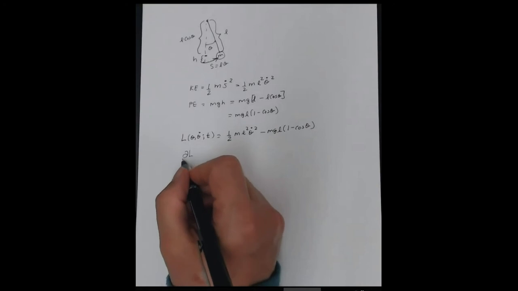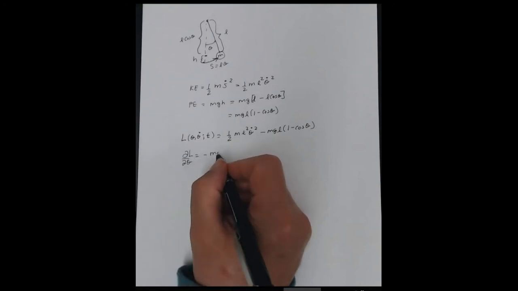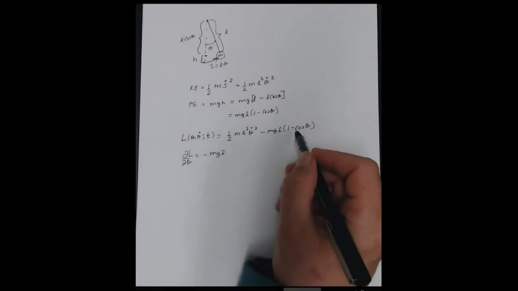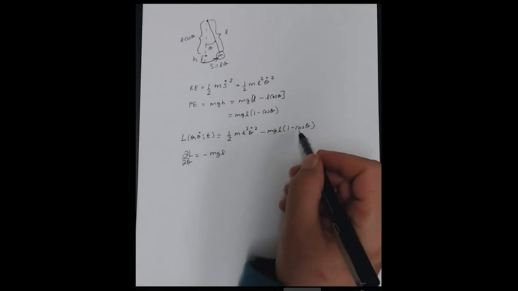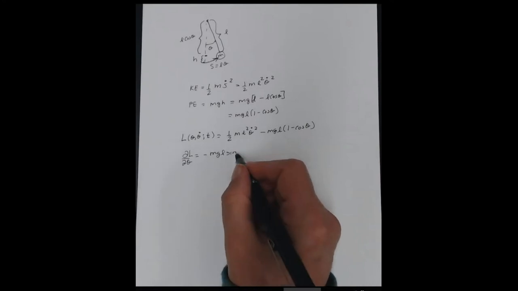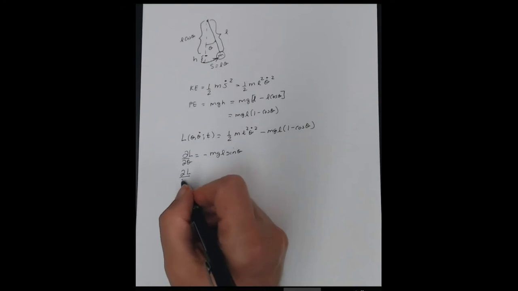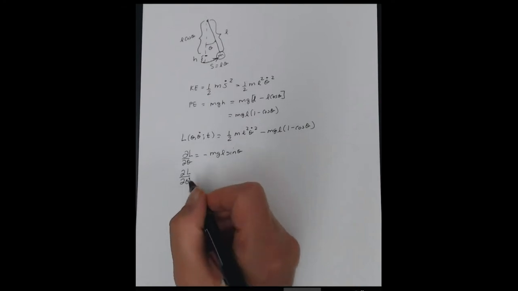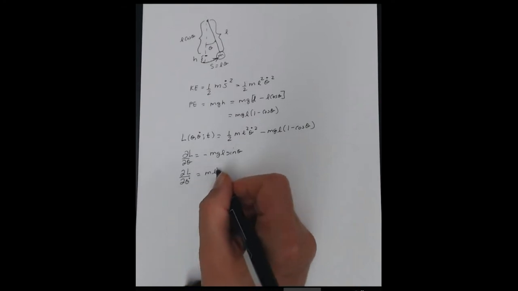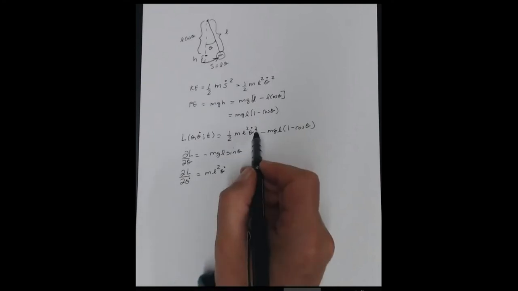So dL d theta is going to be negative mgL, and then when I take the derivative of cosine of theta, I get the negative sine theta. That's why I get that negative. So I'll get the derivative with respect to theta dot is just mL squared theta dot, because that 2 comes down, cancels out that 1/2.